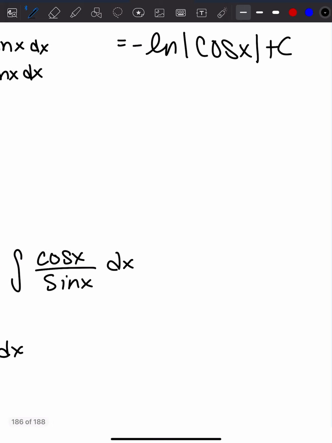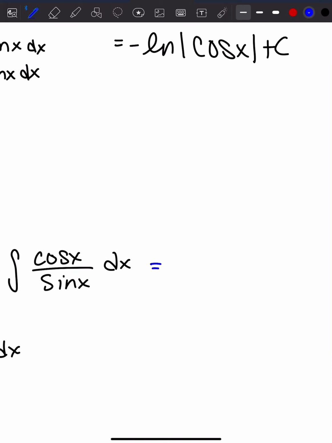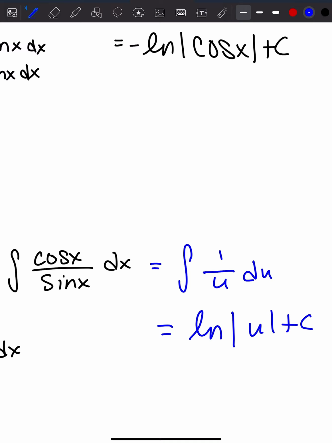So we have the integral of 1 over u du, which we know is the natural log absolute value of u plus c, and then we're going to change out u for sine.